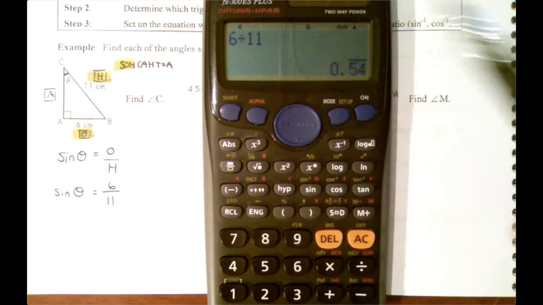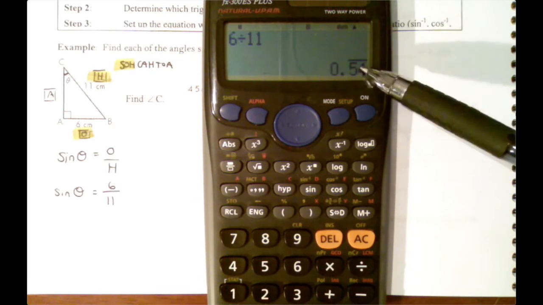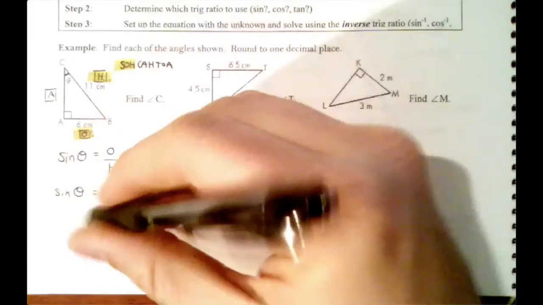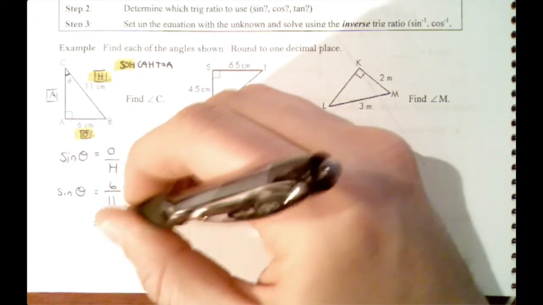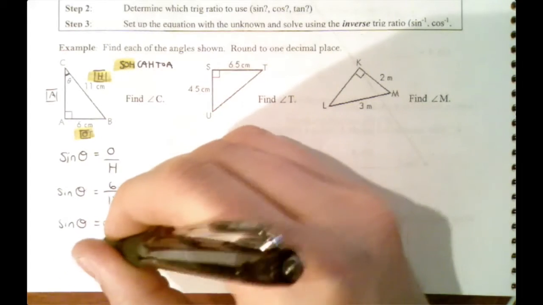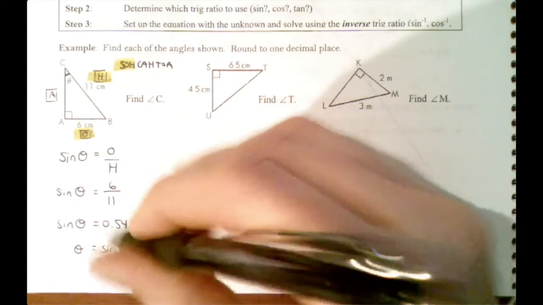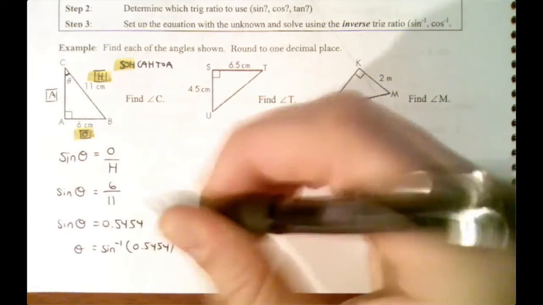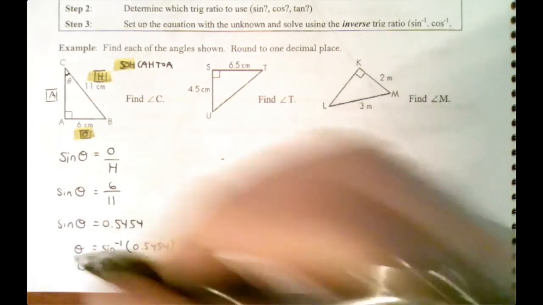And we get 0.54 repeating, which is 5454. If we're going to do this right, we should write 4 decimal places. So 0.5454 equals sine theta. And now, if we want the angle, we just use sine inverse. And that will get us our angle.